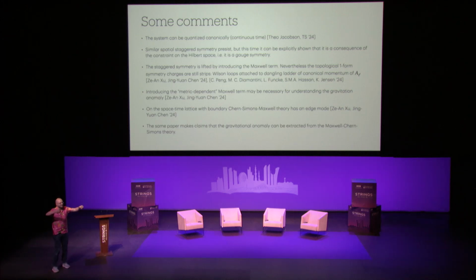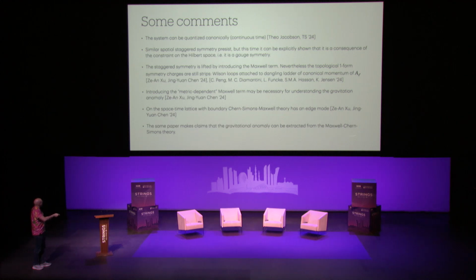When you introduce a metric, there's some very weak metric dependence. So in a similar spirit, these people said, well, the Maxwell term is needed, and then it lifts this staggered symmetry, and some things are a little bit easier. But everything I said still persists, and the topological Wilson loops are still strips and so on.